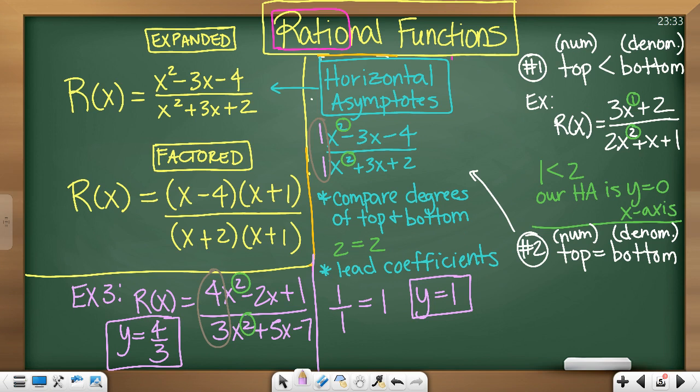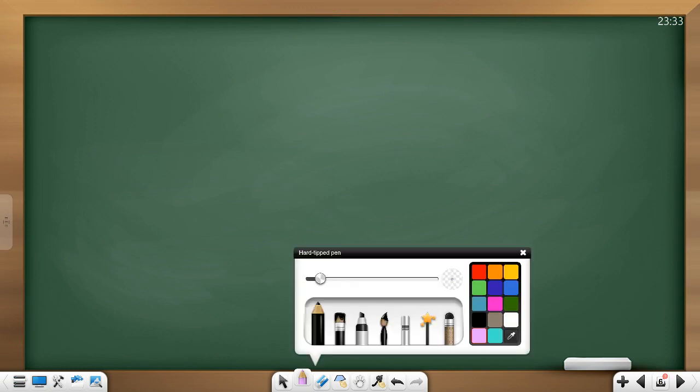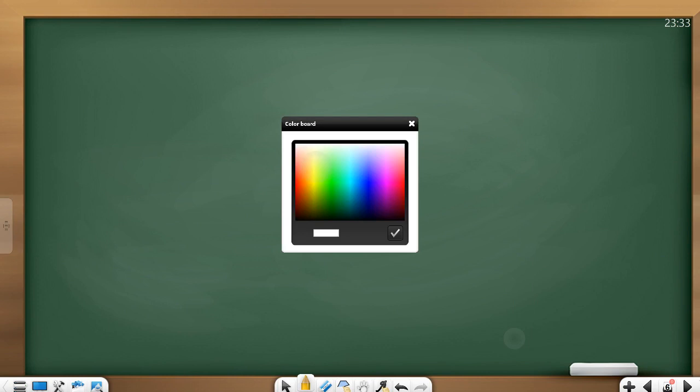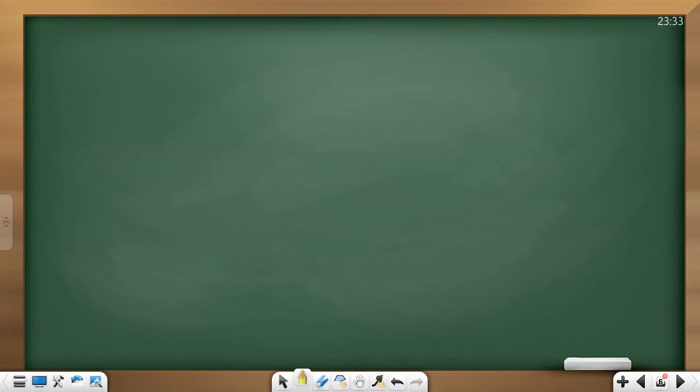So let's look at one more aspect, and this aspect is going to be the intercepts.